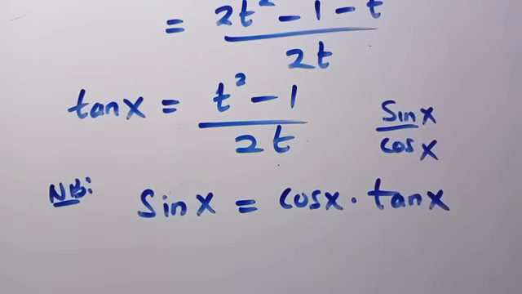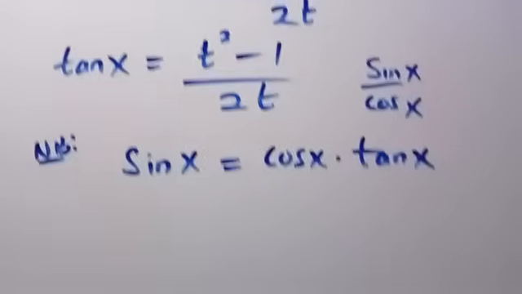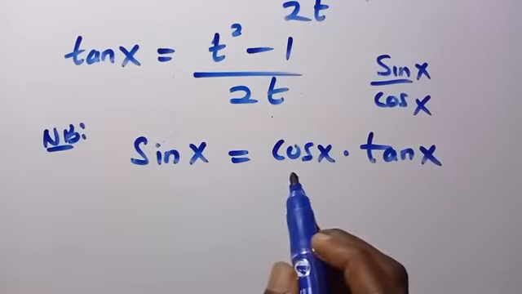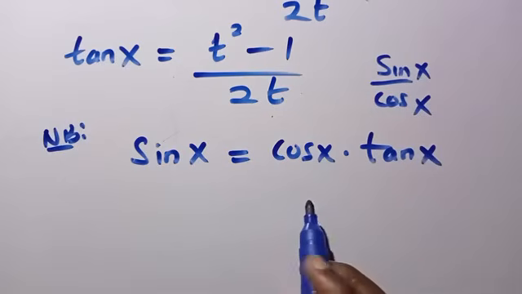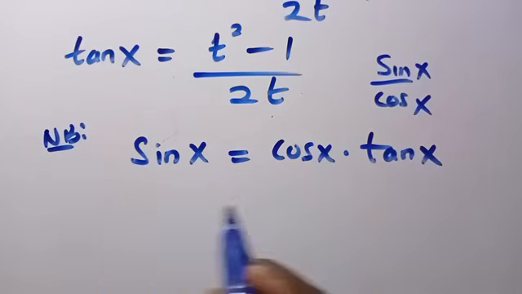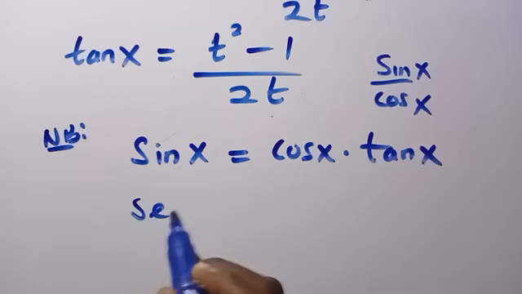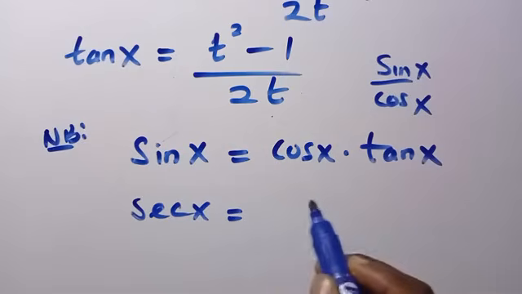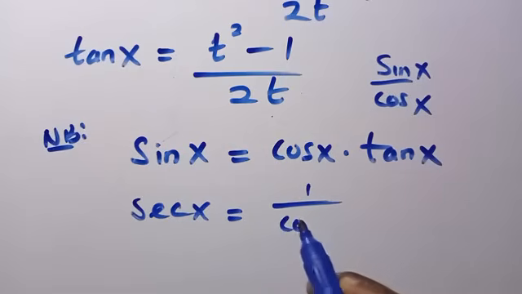So this is true. Also, we are only given sec x, not cos x. So to get cos x, we recall that sec x equals 1 over cos x.